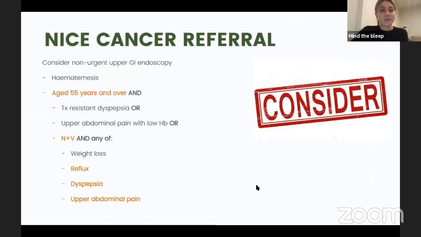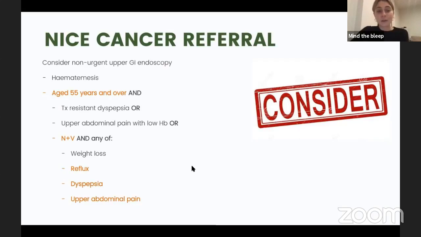The guidelines also suggest that you should consider non-urgent upper GI endoscopy in patients who present with hematemesis, so they're bringing up blood, in patients who are aged 55 and over, who also have any of the following: their dyspepsia, so indigestion, is resistant to treatment, or they have upper abdominal pain with low hemoglobin, or they have nausea and vomiting, which is associated with any of weight loss, reflux, dyspepsia, and upper abdominal pain.